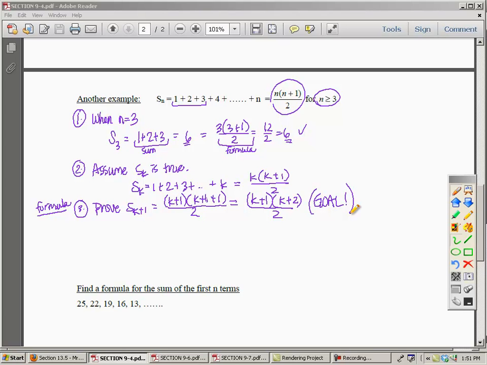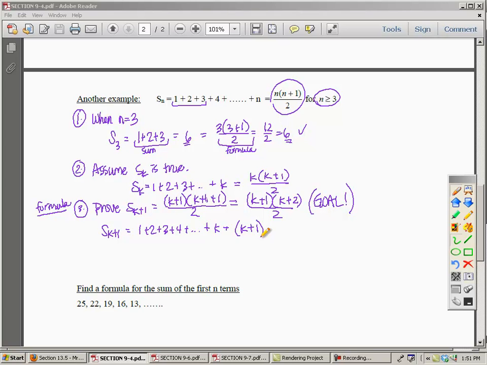Okay? Now how do I do that? Well, now I'm going to use my sum. Once I figured out what formula I should end with, I'm going to use my sum. And my sum says, write the k sum, so 1 plus 2 plus 3 plus 4, all the way to k, and add in the k plus 1 term.